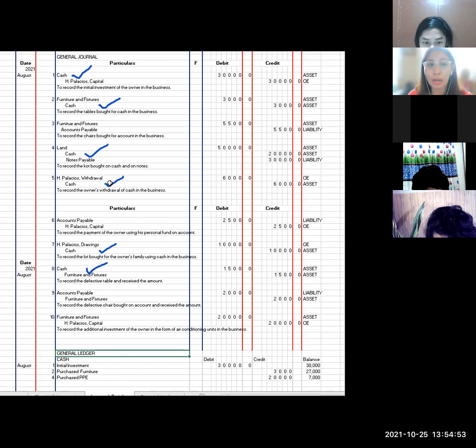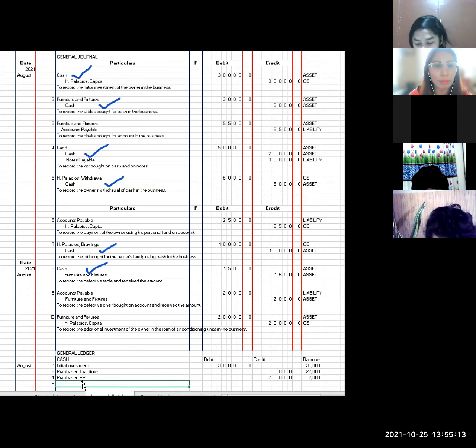On August 5, meron din cash. So, August 5, to record the owner's withdrawal of cash in the business. So 7,000 na lang yung cash ng owner in the business and then meron pa siyang withdrawal.